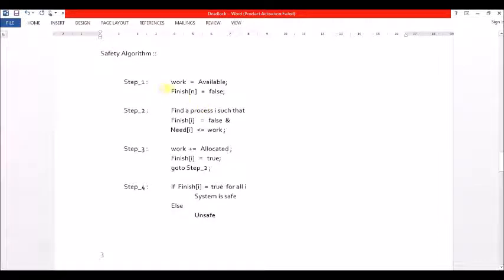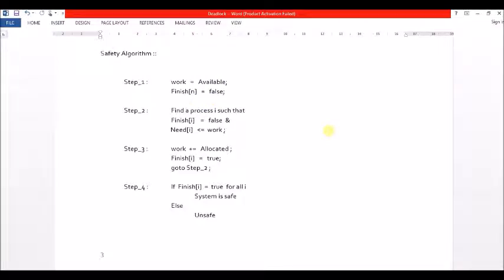So we create an array of n variables and initialize it with false. It means all n processes are not completed; all are requesting some resources. So now we have two types of data: first, how much money is available with us, and second, how many customers are requesting a loan.